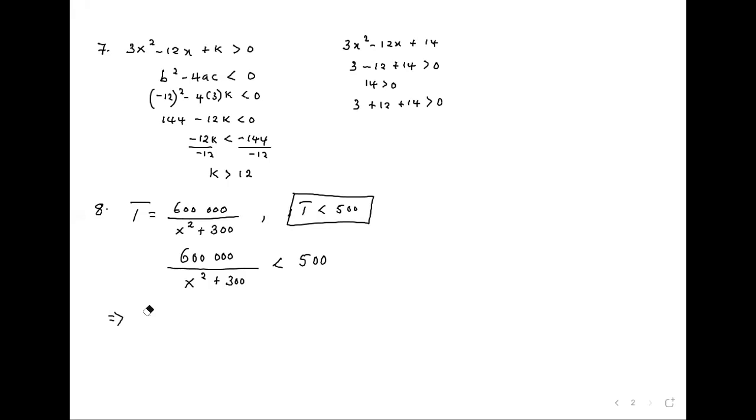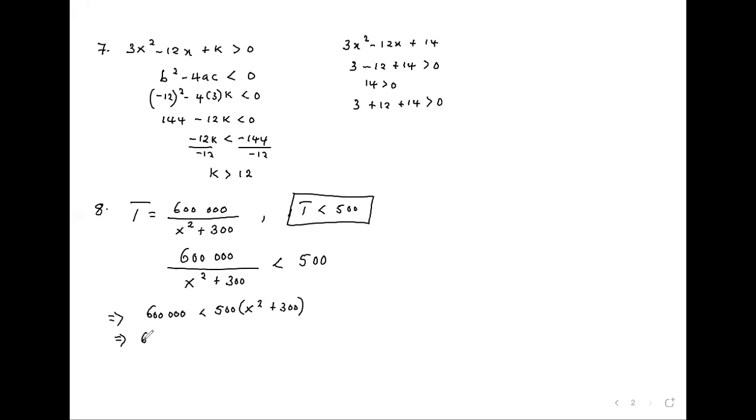So it becomes so clear that cross multiplication here can be done without any restrictions. So we'll have 500 multiplied by X squared plus 300, without changing the inequality, because the number that we are multiplying with is positive.